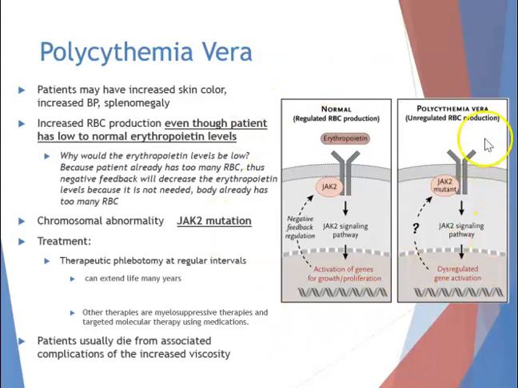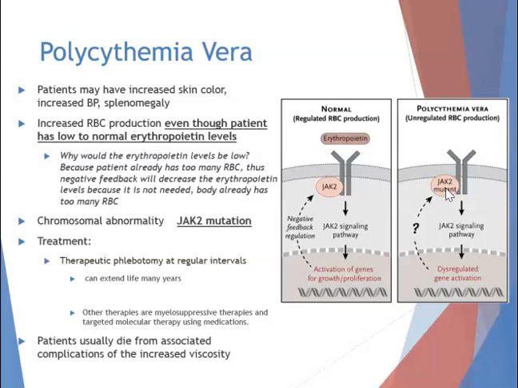If you look here on the diagram on the right hand side of our screen, we have our normal patient versus our polycythemia vera patient. Our normal patient has the negative feedback regulation in place, versus the polycythemia vera patient does not. And also the polycythemia vera patient has that JAK2 mutation.